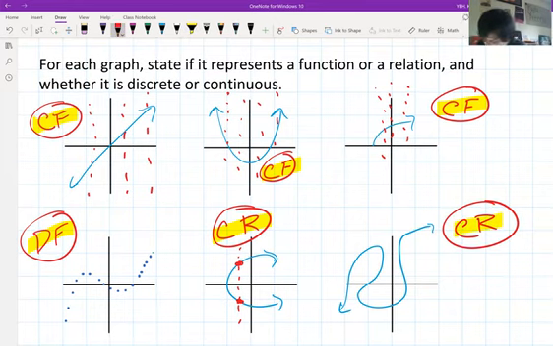Number 6 is kind of this wonky graph right here. And if I just draw this vertical line, not very vertical, not very straight, as I tried to freehand it, but you can see it hits in 3 spots in that case. And so way more than one. And so it fails the vertical line test, and we can label that a continuous relation.